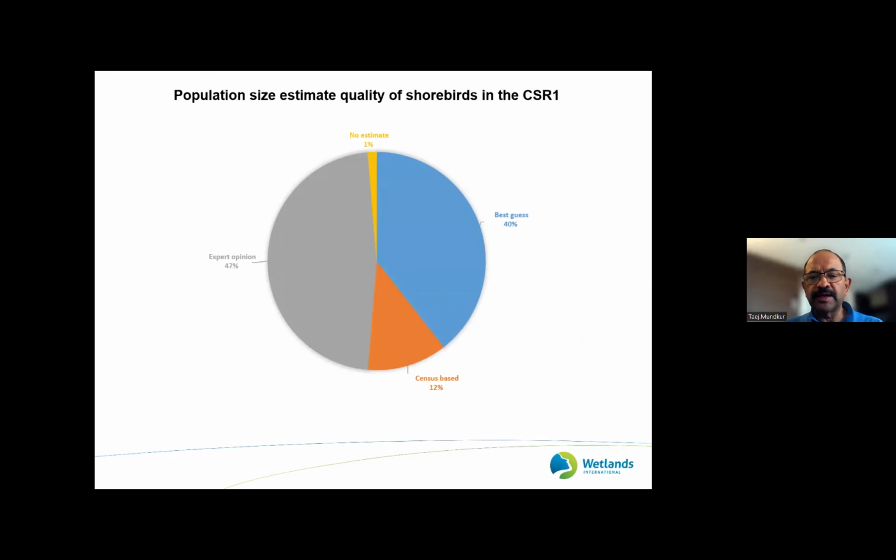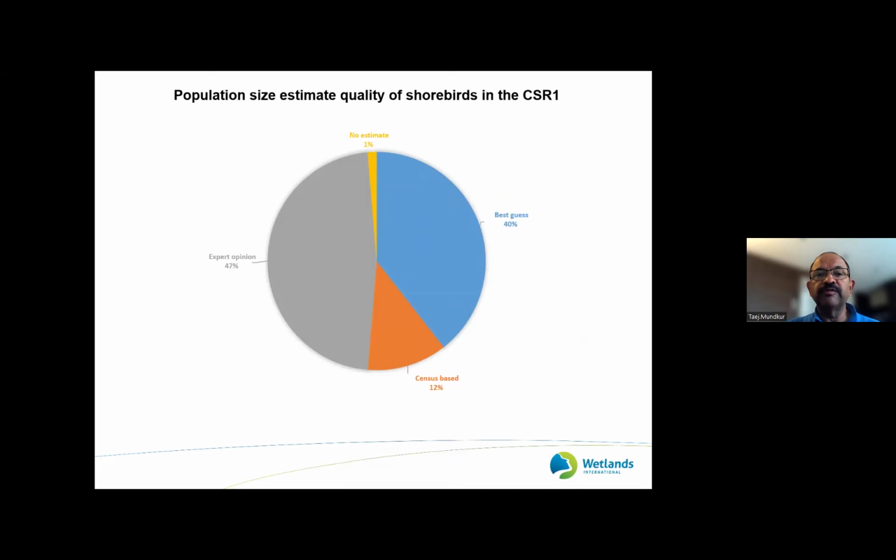As David mentioned at the start, the status of the species in terms of their red listing is really showing that there are an increasing number of species and populations which are in decline, both within this flyway and globally, and there's need to do more to conserve them, including by conserving their habitats.